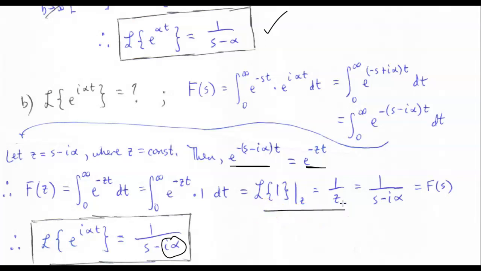Then I know z in and of itself is just s minus i alpha, so I just replace z with s minus i alpha, and I have what the Laplace transform of this would be. What you're seeing here is a technique that we use as we establish more Laplace transforms for functions: we leverage them so that deriving the Laplace transform of other functions becomes a bit easier.